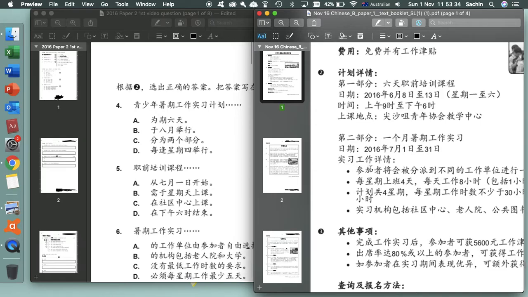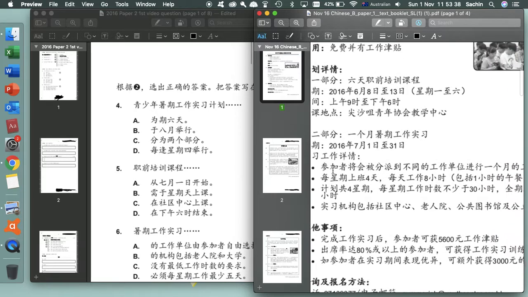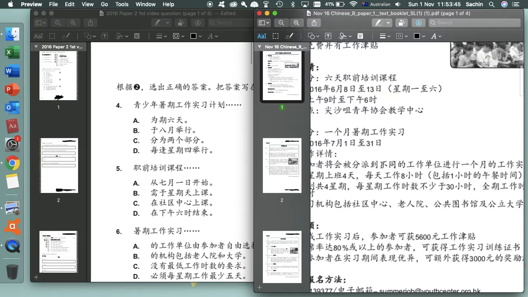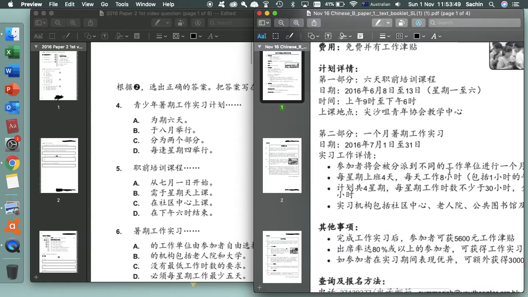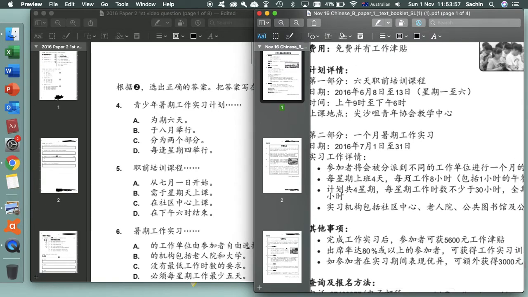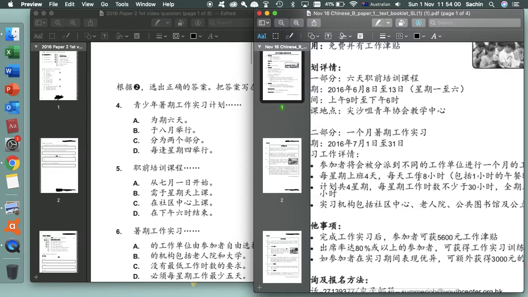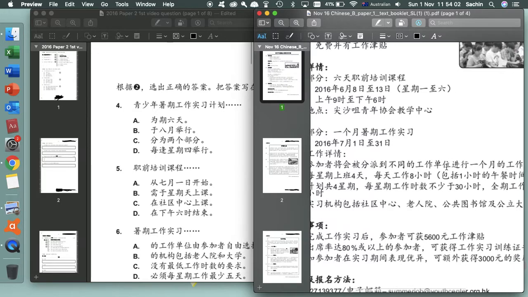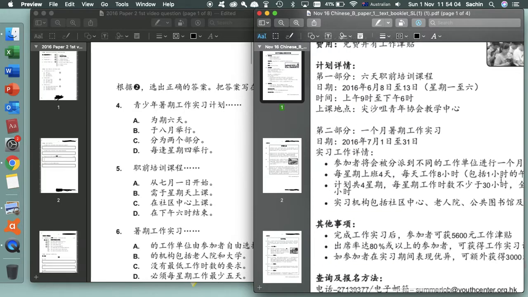And then the specific details of the second part is that participants go on sort of different work styles for a month, and then the second part is like every week they go to work for 4 days. Every day they work for 8 hours, which also includes a 1-hour lunch break.